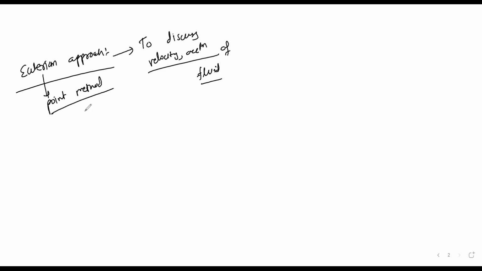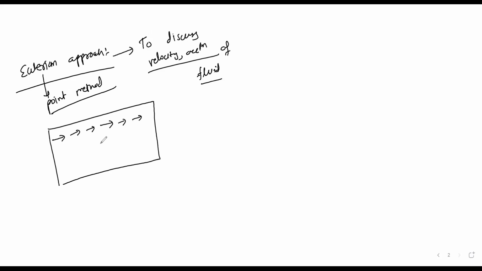Point method means, let's say this is a space, and along it there are fluid particles having a regular path. We will consider one point, and we will see how the velocity and acceleration vary with respect to time and space.